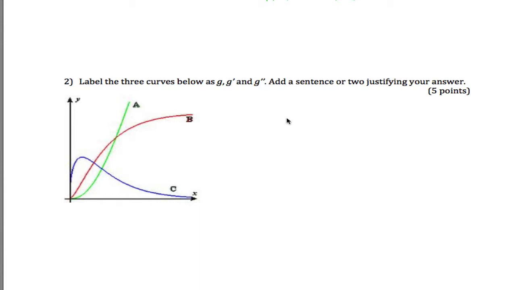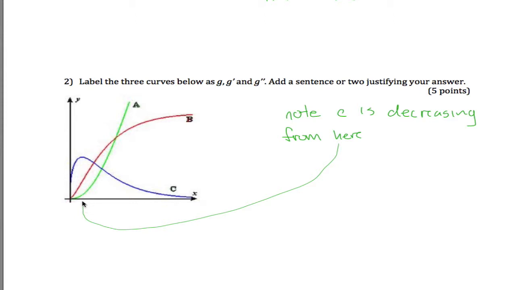C is decreasing from here to the right. So if C were the derivative of a function, C is decreasing from here to the right, so its derivative is negative.